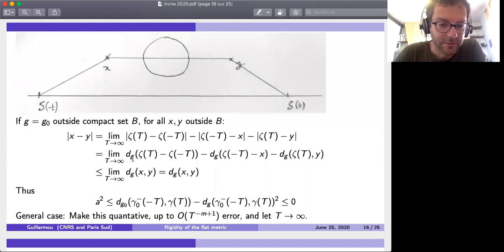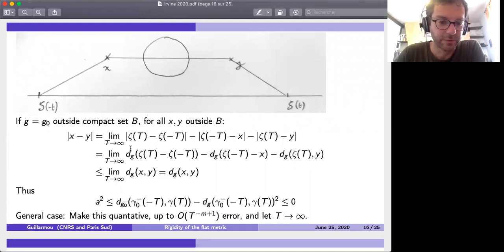So you get an equality again: the limit of the G distance between zeta t and zeta minus t, minus the distance between zeta minus t and x, and the distance between zeta of t and y. And then you can use the triangular inequality. Here, what you see is that you obtain the G distance between x and y.